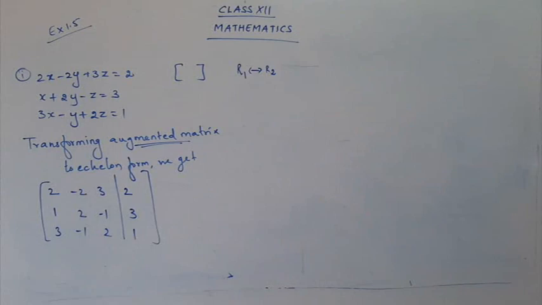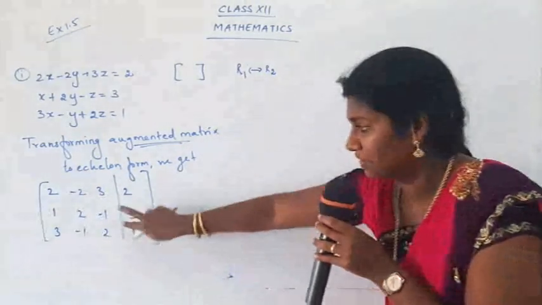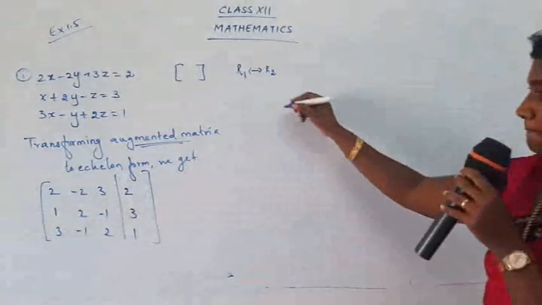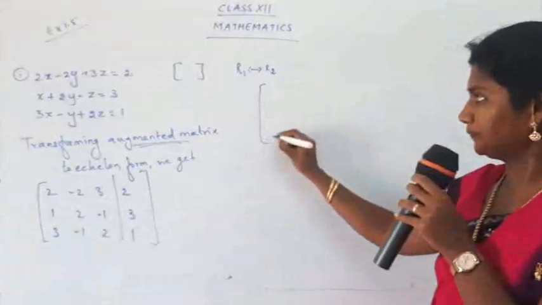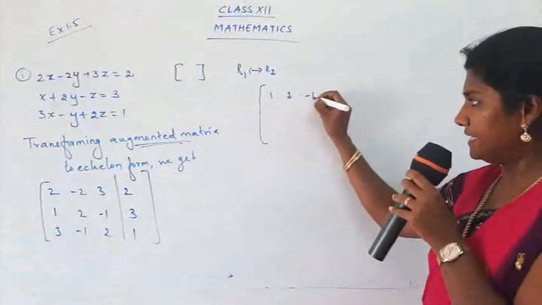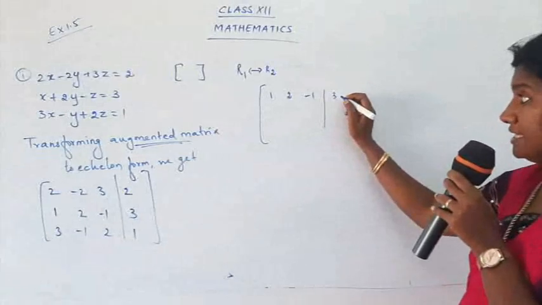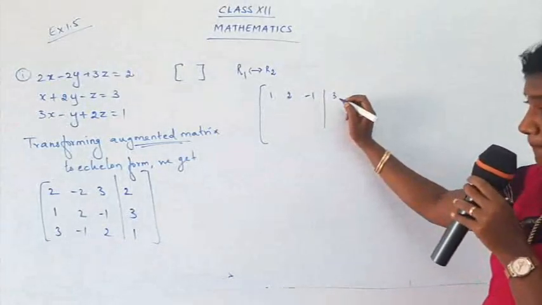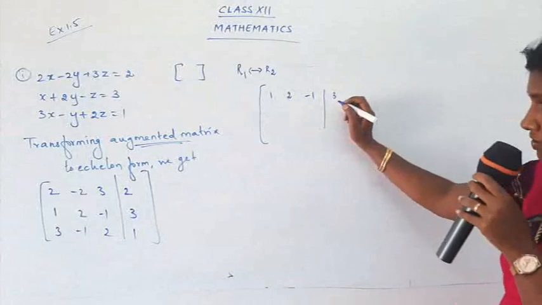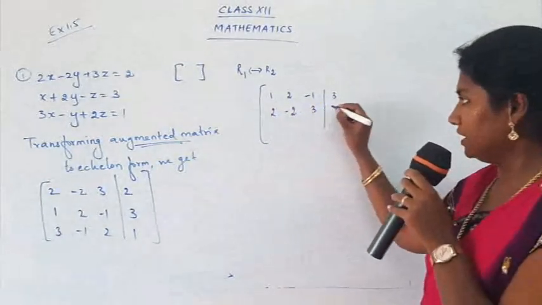When you interchange, do not change the third row, just interchange the first and second. So you get 1, 2, minus 1. Be careful when you write the numbers, children, because we may make mistakes while we copy the numbers. Just have a cross check. Then 2, minus 2, 3, 2.